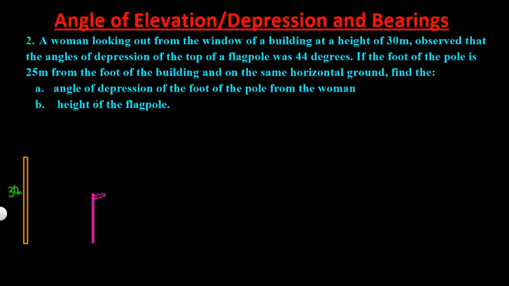So we are asked that if the foot of the pole is 25 meters from the foot of the building, this is the building and this is the pole, they are 25 meters apart, that's what the question is saying.